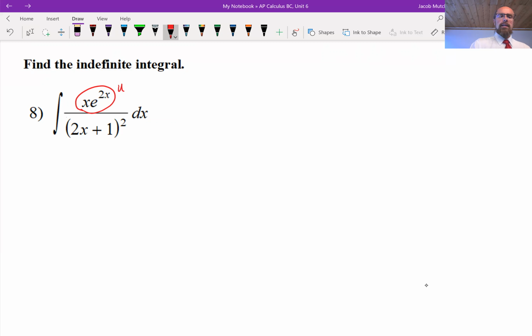And then what is left is going to be this denominator of 2x plus 1 quantity squared dx. That will be my dv. So let's bring them over to the side as we've been doing. So dv again is going to be 1 over 2x plus 1 squared dx.